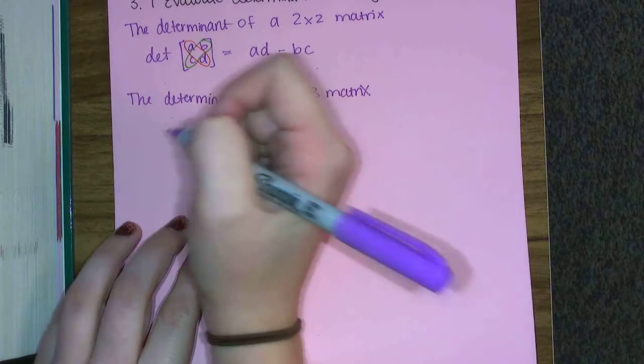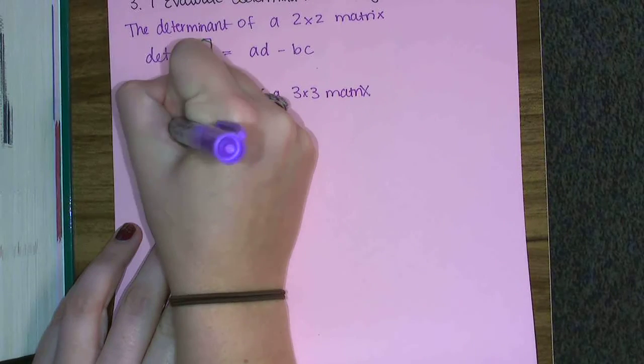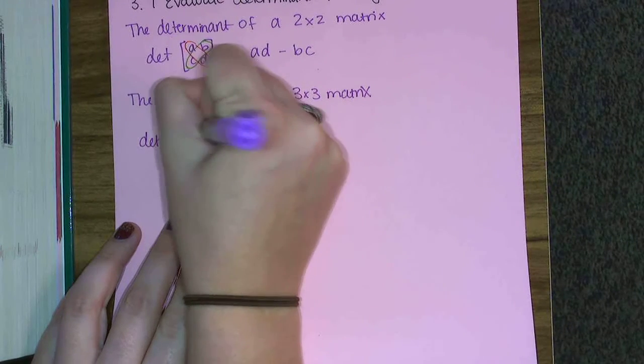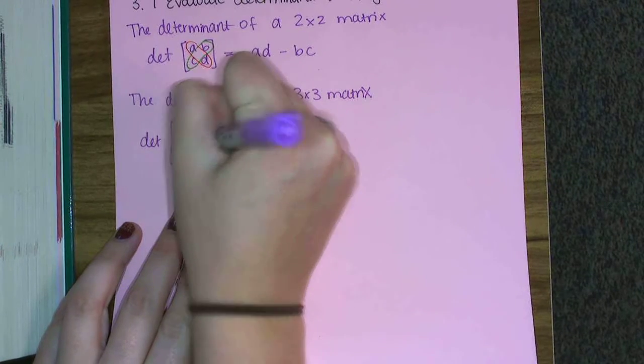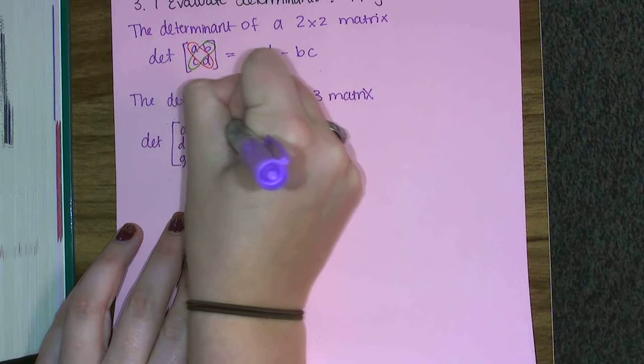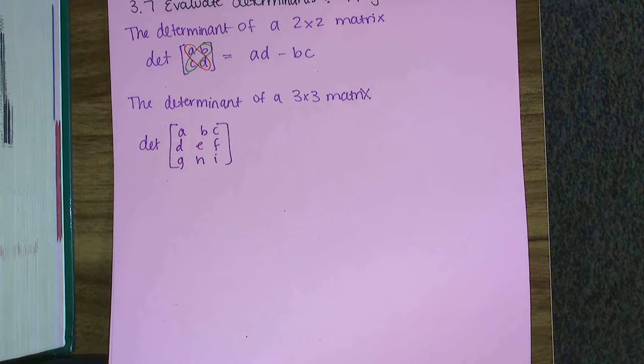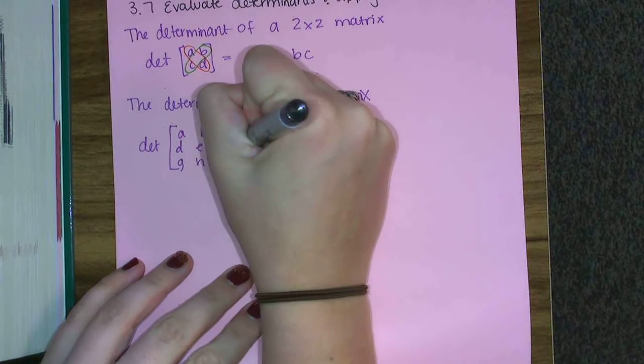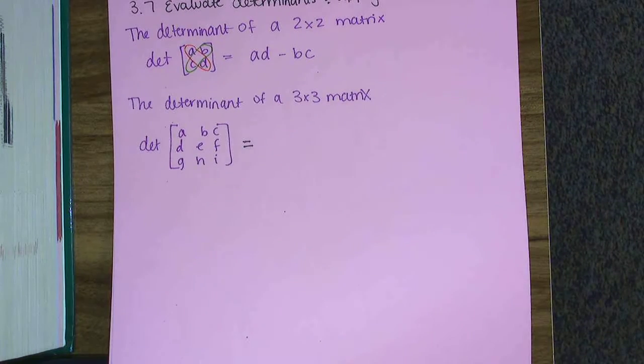So we're looking at the determinant of A, B, C, D, E, F, G, H, I. Okay, and they do need to be in that order or you're going to be confused. Okay, I'm going to show you what I think is the more complicated way first so that you will appreciate the pattern method that I'm going to show you afterwards.